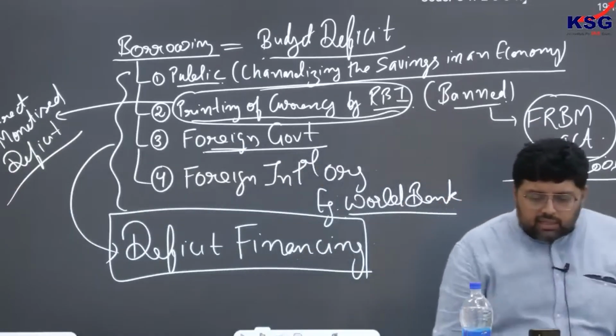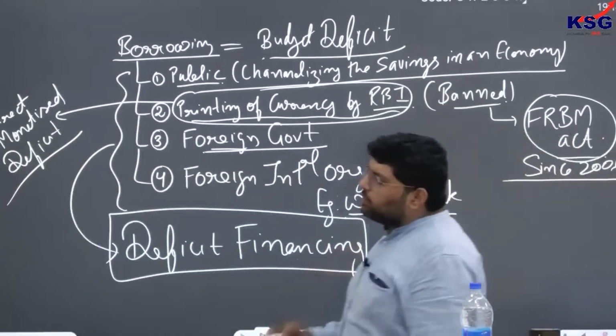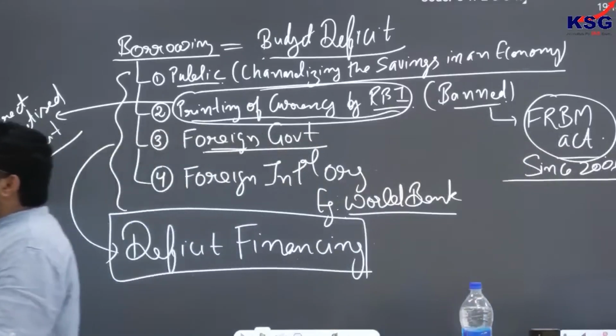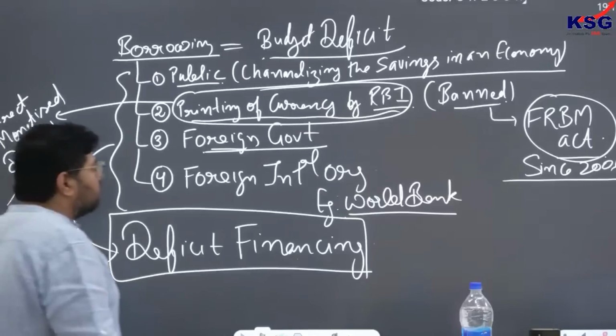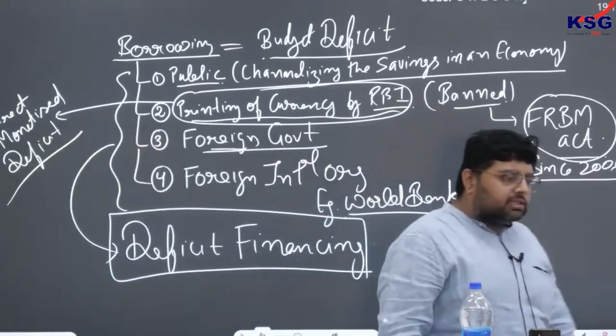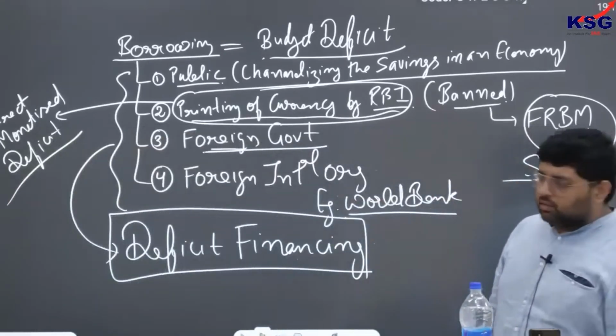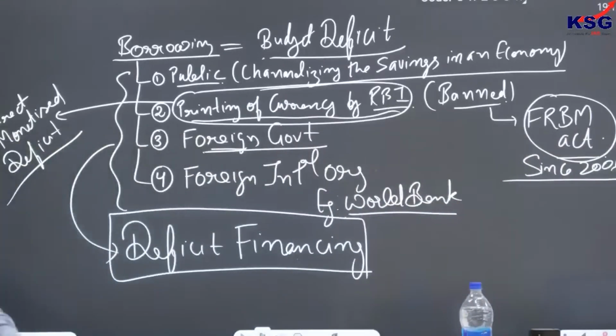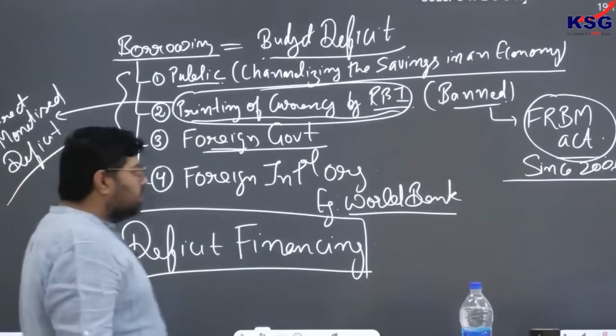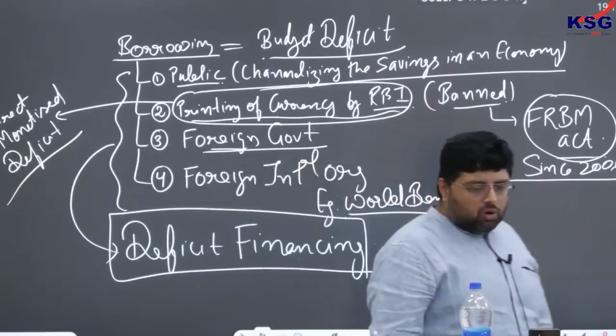So you have to tell the examiner, if it is given in options that printing of currency by RBI for borrowing purpose or for fiscal deficit, yes, this is called direct monetized deficit. Okay. Similarly, if they ask you what is deficit financing, you have to tell that all these sources are known as deficit financing. Okay, so ultimately you know all these things.